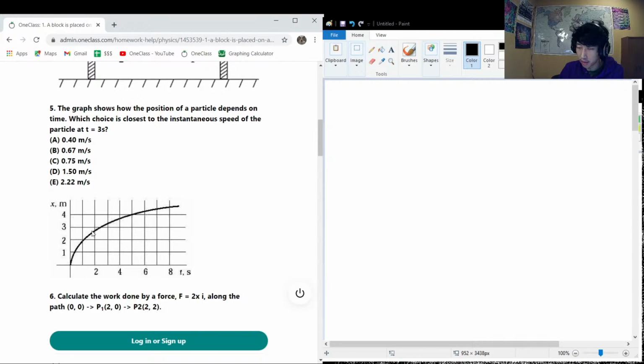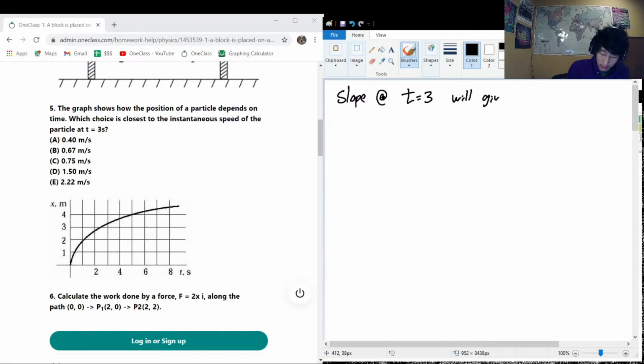Finding the slope at t equals 3 will give us the instantaneous velocity.